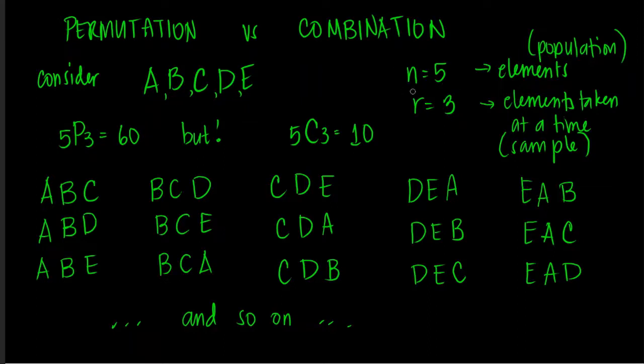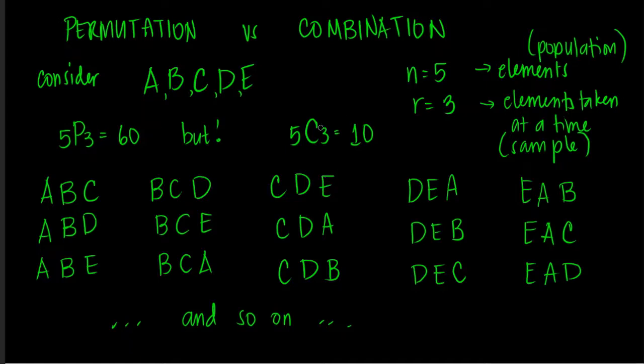So, we use the letter N to symbolize the number of elements. It's like the population when it comes to stats. And then, we are going to take a certain number of elements at a time. We use the letter R to symbolize that it is a sample. So, I have N and R, 5 and 3. And we are going to use our calculators.